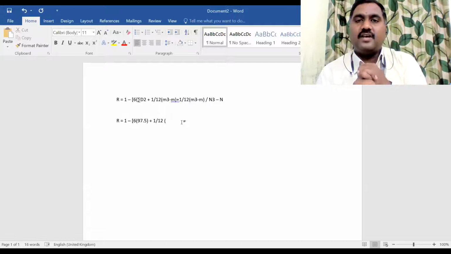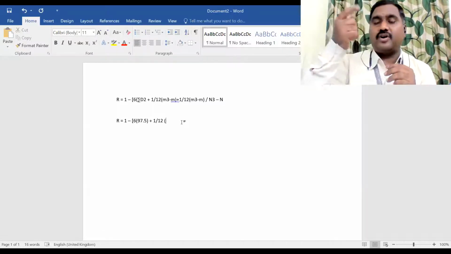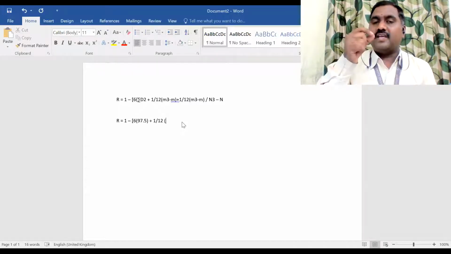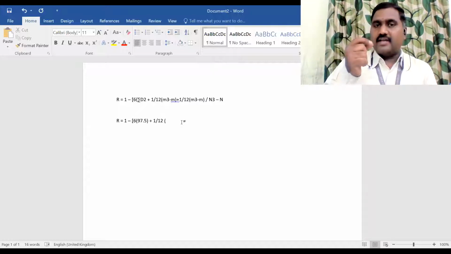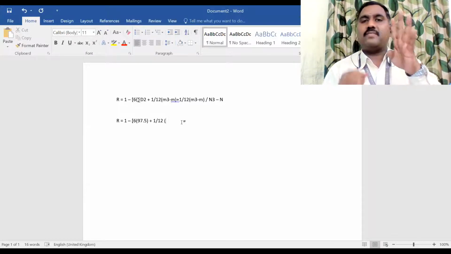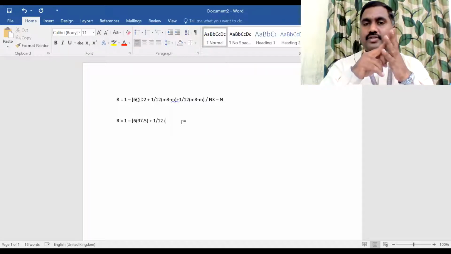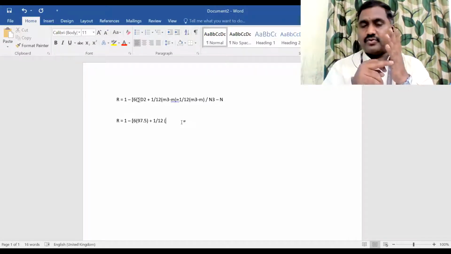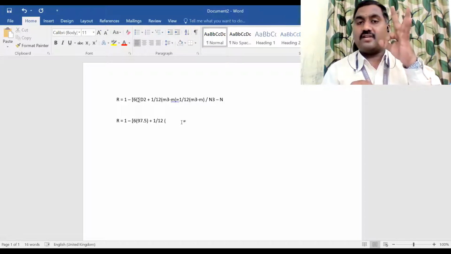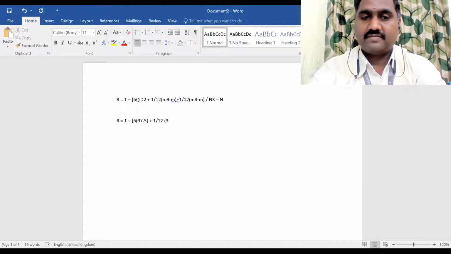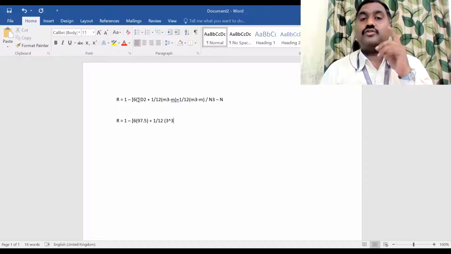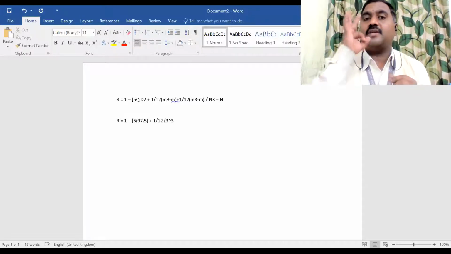Which is the first number repeated? 45. Okay, don't take 40, because when we are ranking based on the highest to the lowest, first we applied first and second rank. Third rank only 45 is a number repeated 3 times, 3rd, 4th, 5th position. That only we have taken average. So 45 is a number which is repeated 3 times. So you have to put 3 power 3. M will be 3 here, because 45 is the first highest number which is repeated 3 times.